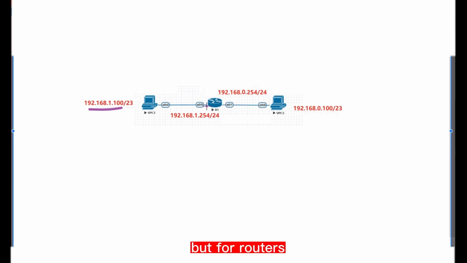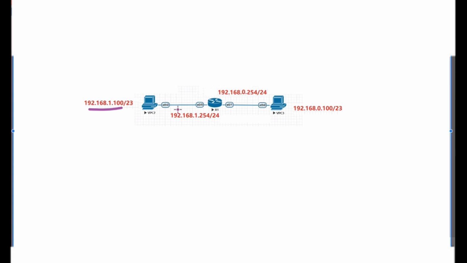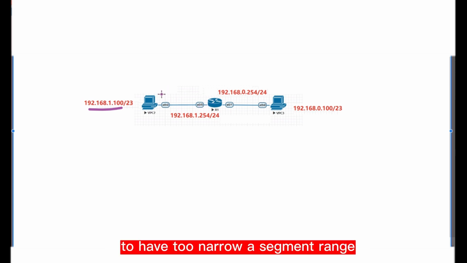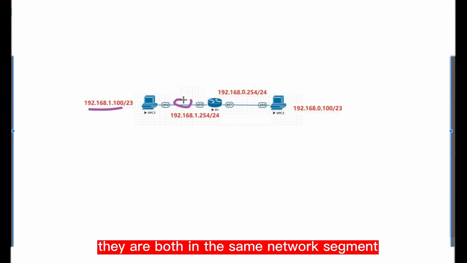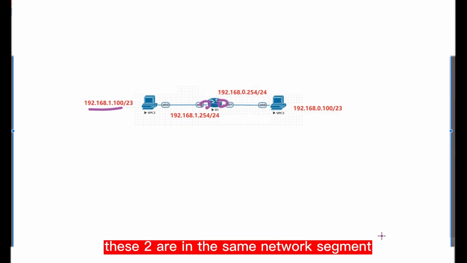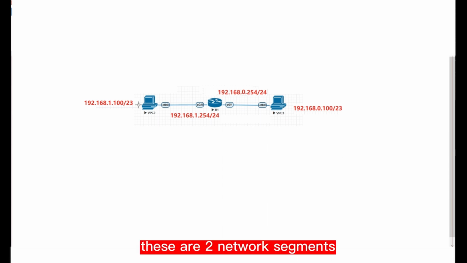But for the router, the network bits are too long, causing too narrow a segment range. In theory, they are both right. These two are in the same network segment for the PCs, and for the router, these are two network segments.